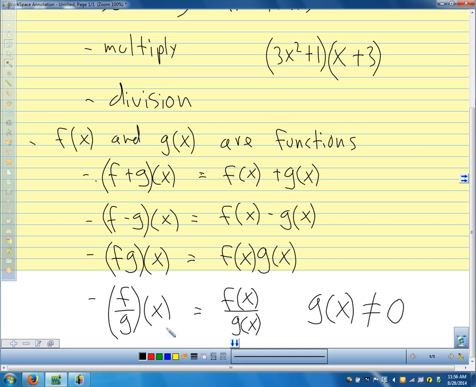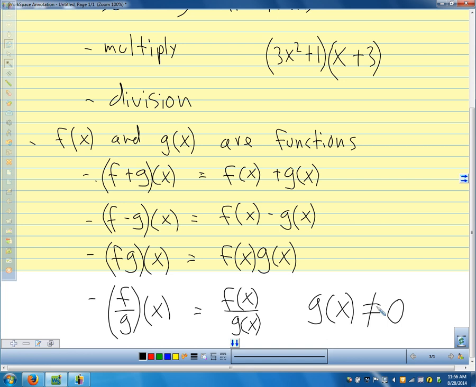So sometimes the problems will say find f of x divided by g of x and its domain. When they ask you to find its domain, they're saying, is there anything that we have to restrict from the domain? Does this quotient give us a problem?